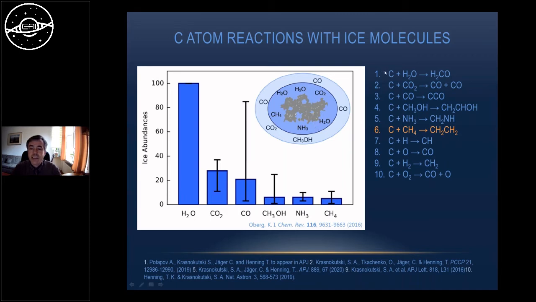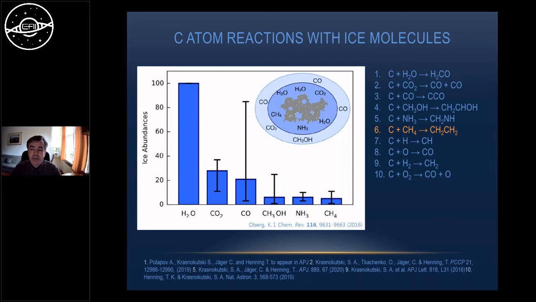And on the right, you can see the number of reactions of carbon atoms with these molecules. And with a blue font, I mark those reactions which are fast at low temperature. And as you may see, there is only one exception. The carbon atom doesn't react fast with the methane molecule.